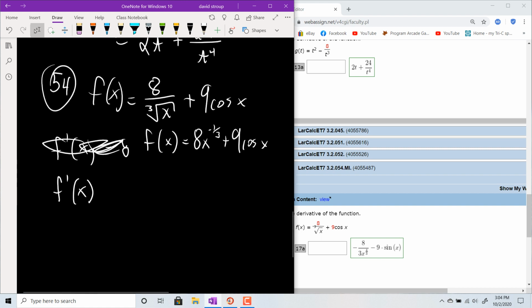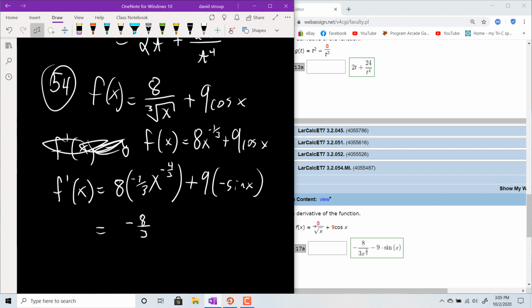So f prime of x will be, leave the 8 alone, then we bring down the negative 1/3, x to the negative 1/3 minus 3/3, minus 1, you know, is the same as minus 3/3. So you end up with negative 4/3. Okay. And then plus 9 times the derivative of cosine is negative sine. Clean her up. So I'm getting negative 8/3 x to the negative 4/3 minus 9 sine x. And then if you want to get rid of the negative in the exponent, it'll be negative 8/3 all over x to the 4/3, and you change the sign of the exponent to positive.